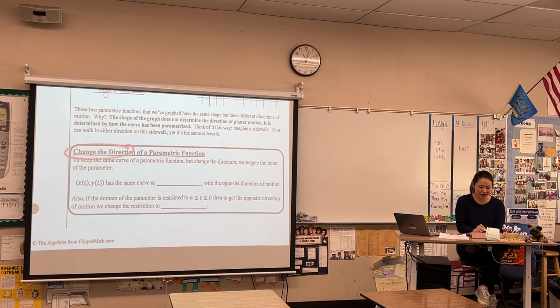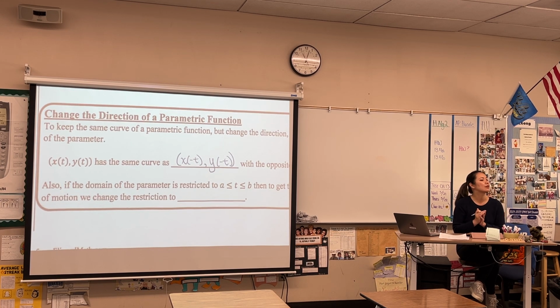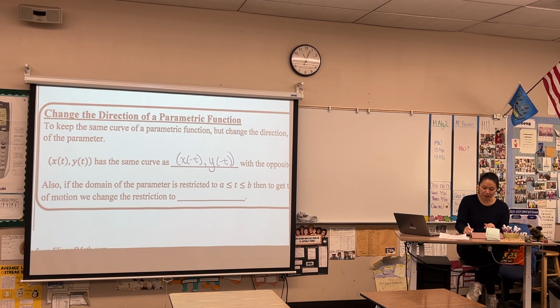If we want to keep the same curve but change the direction, all we have to do is plug in -t into the original functions. You plug in -t, and it gives you the same curve, but in the opposite direction. If there are restrictions, the restrictions will flip also, so it'll be from -b to -a.